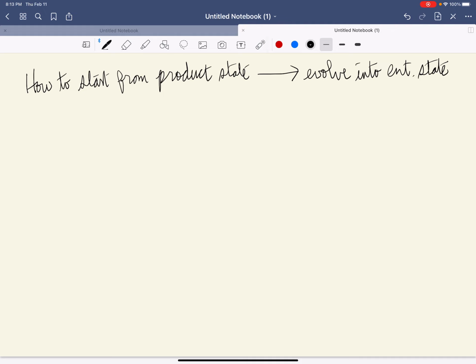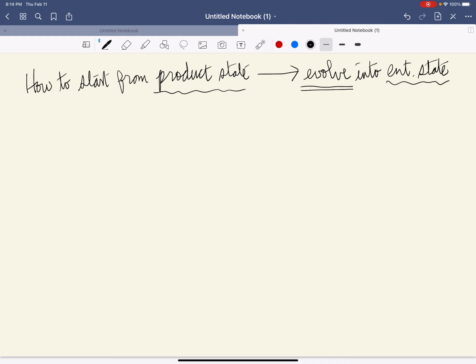Okay, first of all, I have to clarify exactly what I mean by evolving a state. And of course, secondly, I have to tell you exactly what is the recipe for turning a product state into an entangled state. So those are the two things I will try to accomplish in this lecture.